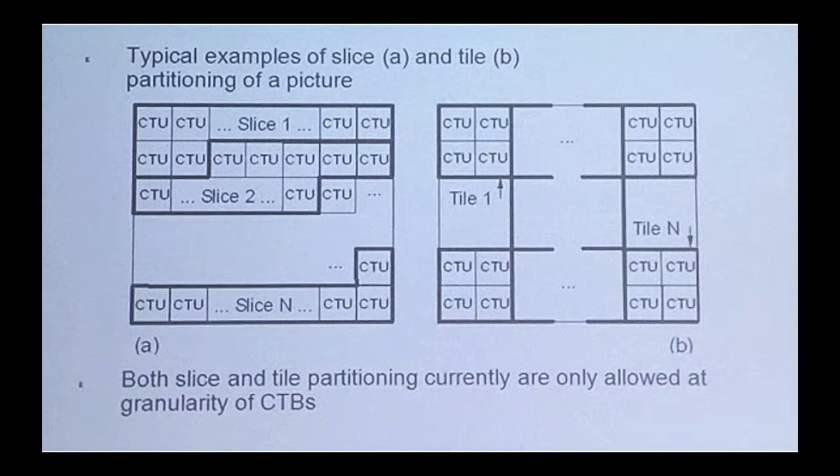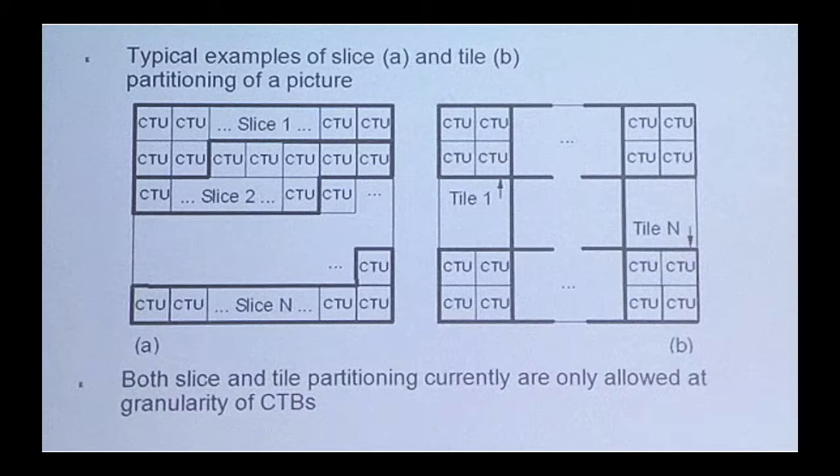Beyond that, we have a structure called tiles. Tiles, maybe you know this from JPEG 2000. These are larger rectangular areas that allow localized access to a picture. This is shown here. A tile is usually a rectangular area. It does not have to be the same tile size all over the picture. It can be somewhat variable.